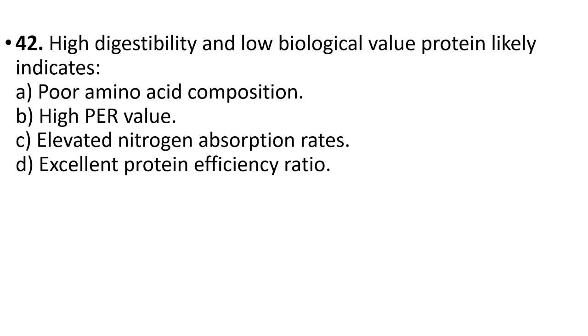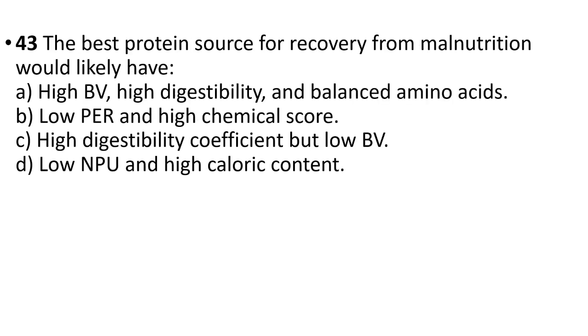42. High digestibility and low biological value proteins likely indicates A, poor amino acid composition, B, high protein efficiency ratio value, C, elevated nitrogen absorption rates, D, excellent protein efficiency ratio. Your answer is option A. Poor amino acid composition. 43.